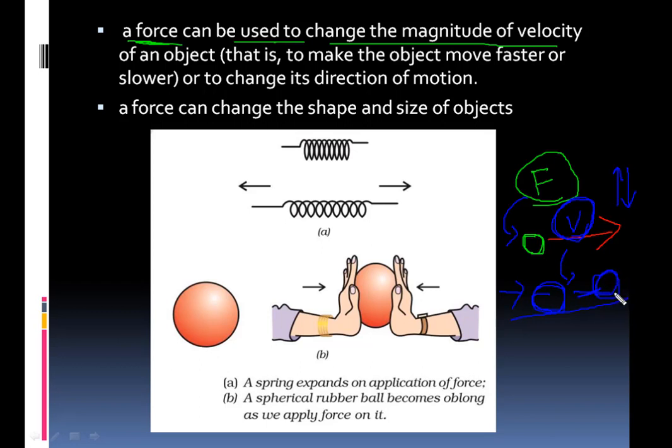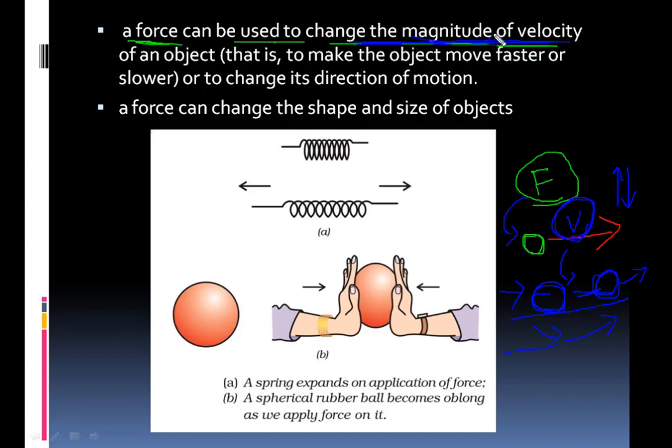Then what will happen? The ball starts moving with very high velocity, very high speed. So in this case, the ball was already moving with certain speed. You have added some amount of force. Now the velocity of the ball increases. So here the force is applied to change the magnitude of velocity, that means to increase the magnitude of velocity.